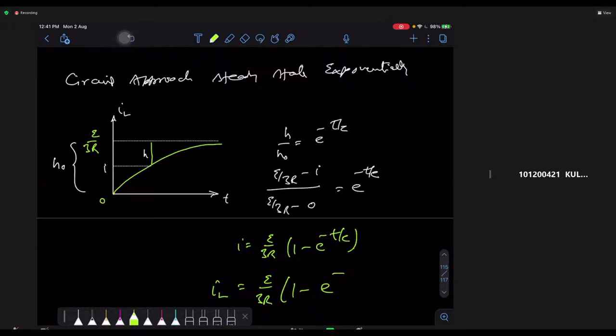Okay, we have found the tau value. What is the value of tau? Tau is L by R equivalent, and R equivalent was 3R by 2, so tau is 2L by 3R.